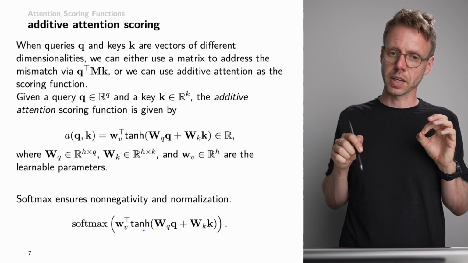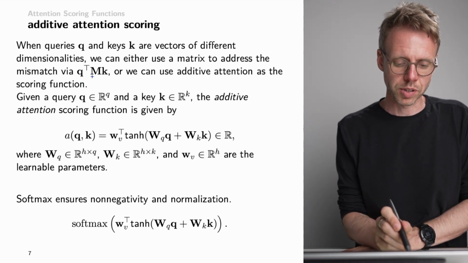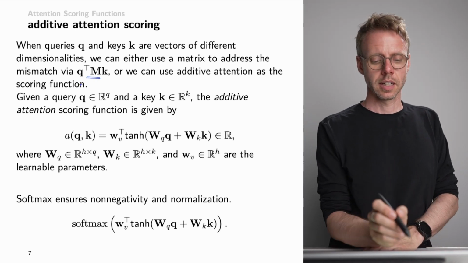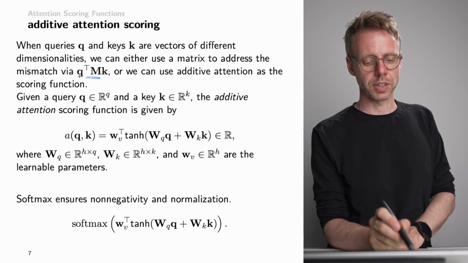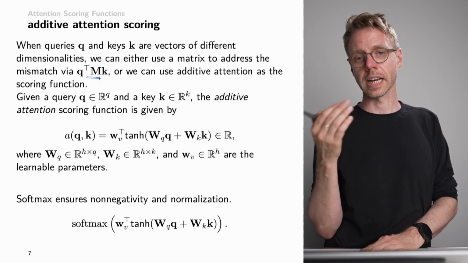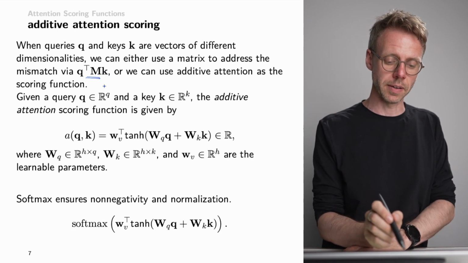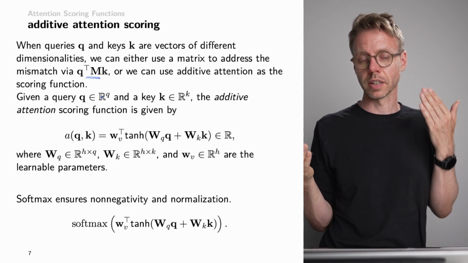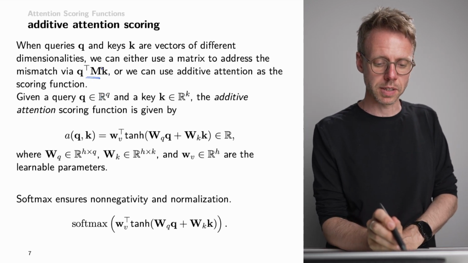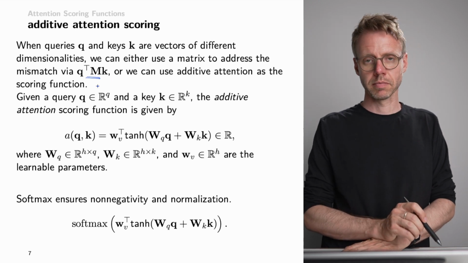One thing that we can do in order to deal with this mismatch is to introduce a matrix that is of the size of the number of dimensions of the query times the number of dimensions of each key. And then instead of computing Q transpose times K, we compute Q transpose times M, where M is this, so to say, adapter matrix times K.